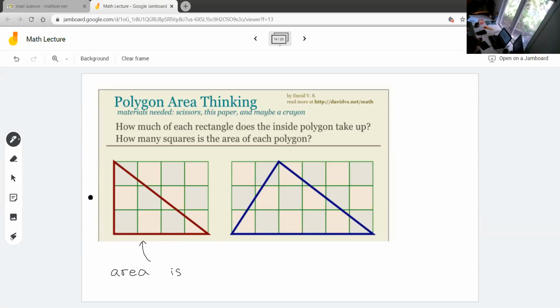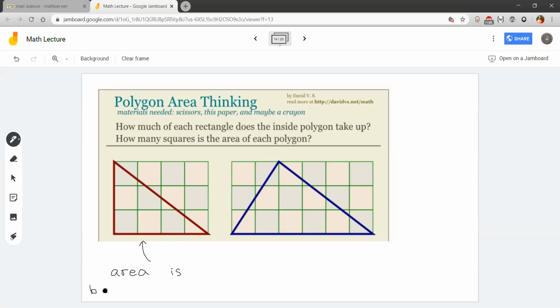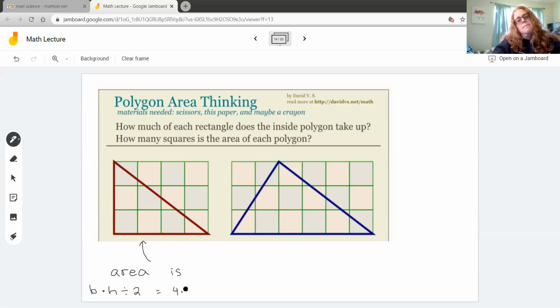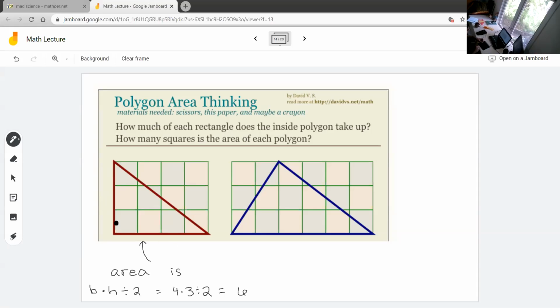Height, 1, 2, 3. 12. Quietly. Okay, base times height, and then what? Divided by 2. And this one isn't labeled with inches or something, but if it was, I would want to put the units.